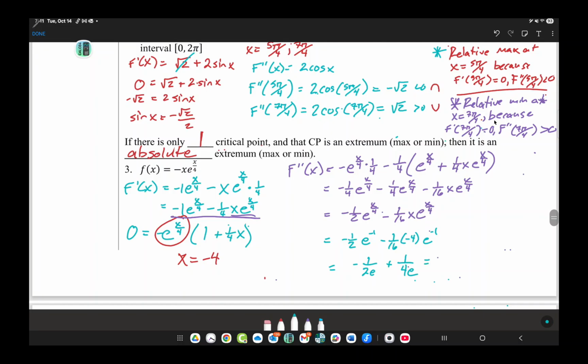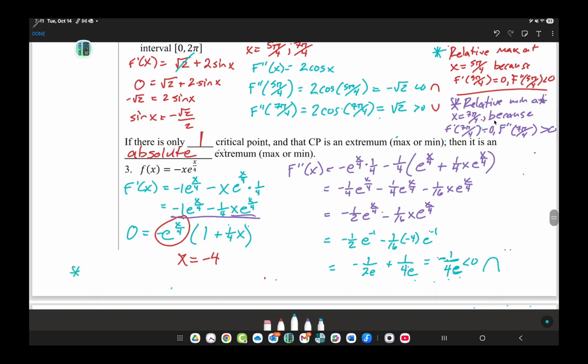We make them the same fraction, multiply by 2, and we get negative 1 over 4e. So, positive or negative? Greater than 0, less than 0. This is less than 0, which means this is a concave down function. So we have a local max.